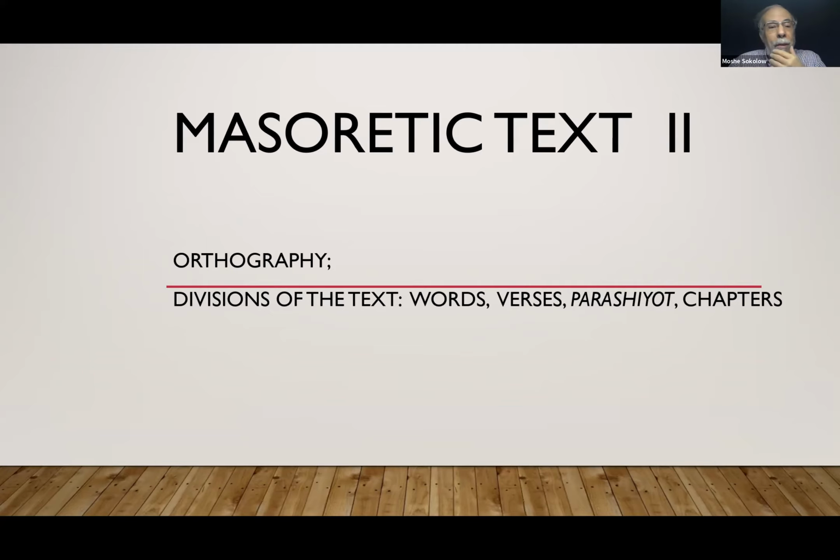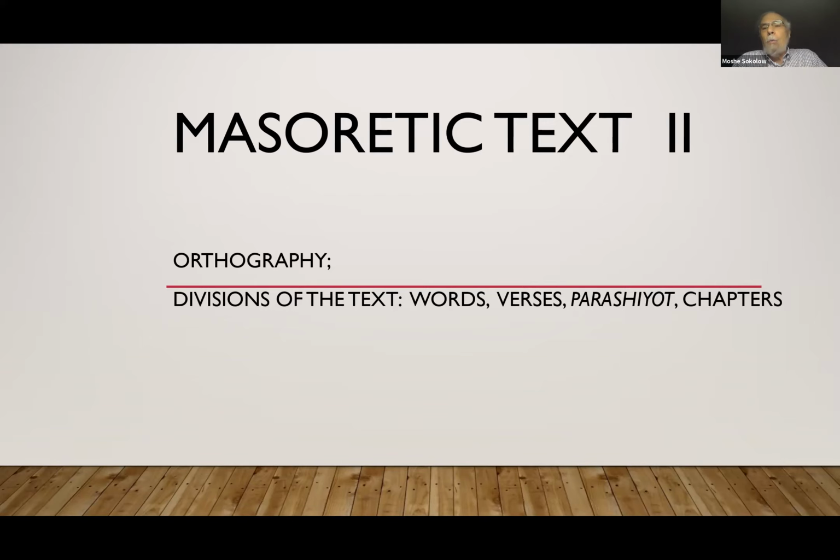We're going to pick up this evening with the alphabet, and to reintroduce a term we used last week, orthography, with orthos meaning straight or correct or proper, and graphos meaning writing. Orthography is the proper way in which to write.